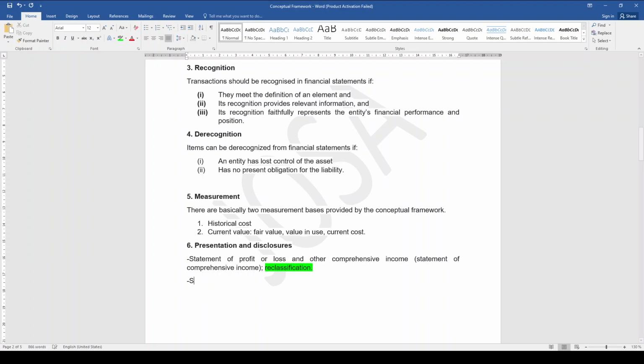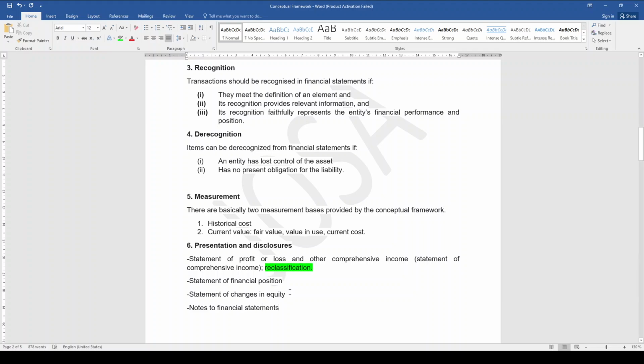The second one is the statement of financial position. Then we have the statement of changes in equity. Then we have the notes to financial statements.